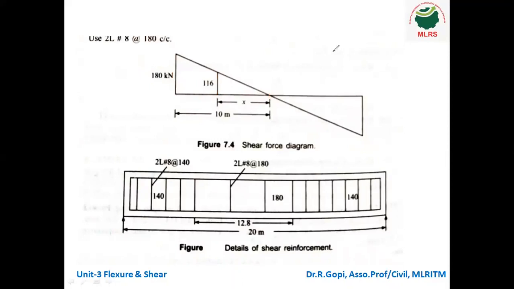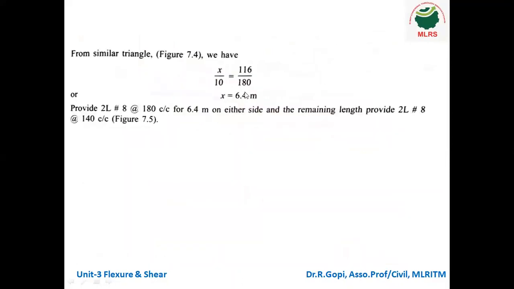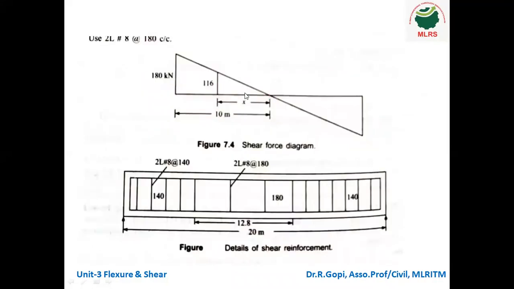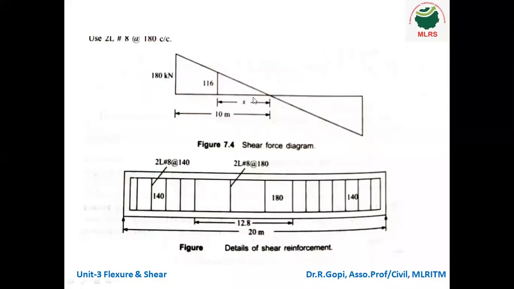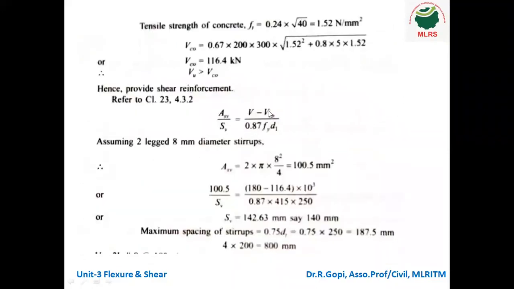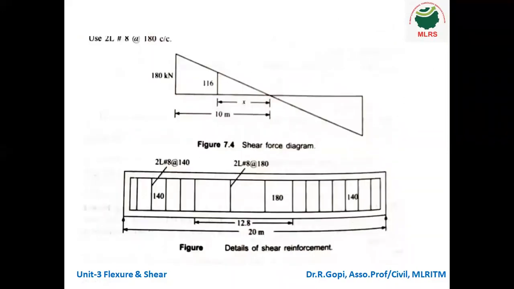That means spacing. So how to calculate the shear reinforcement distance? Mostly it is half of that, approximately 5 meter only. So exactly we have to find out, we have to use the similar triangle principle. For 180 kilonewton it is 10 meter. For 116 kilonewton, what is this x distance?